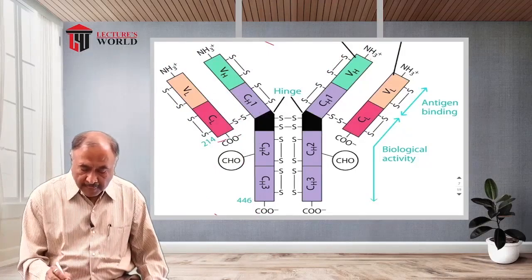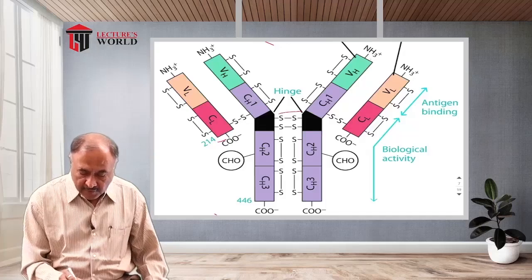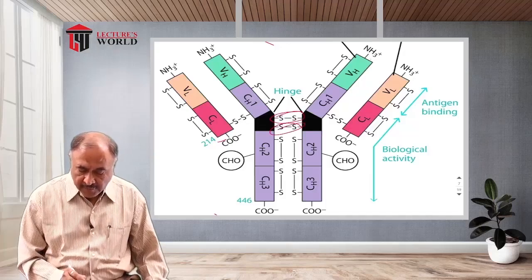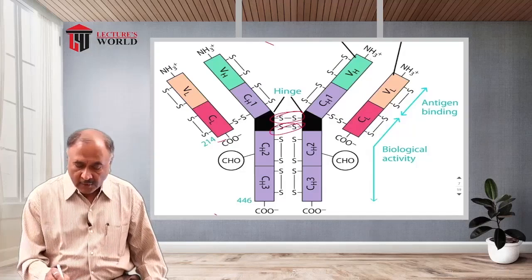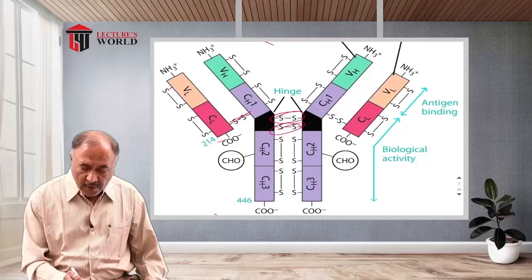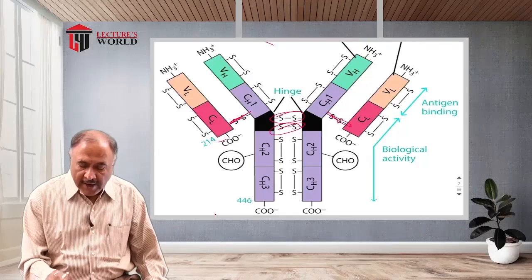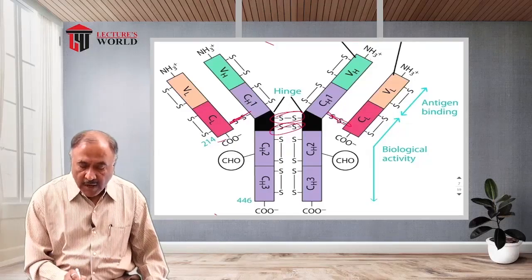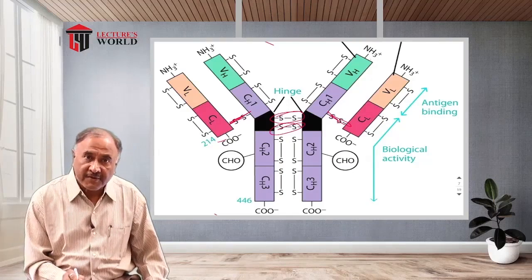This is the one, this is another one. So basically, this is bound here, this is bound here, and these heterodimers also bind with one another by disulfide bridges.